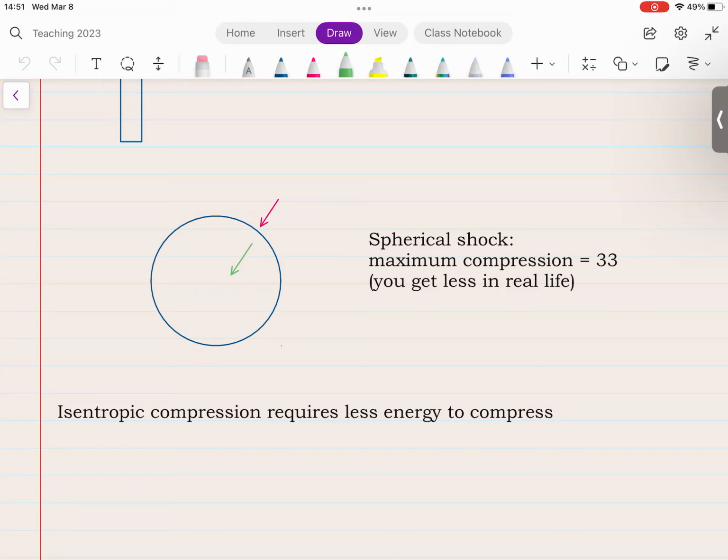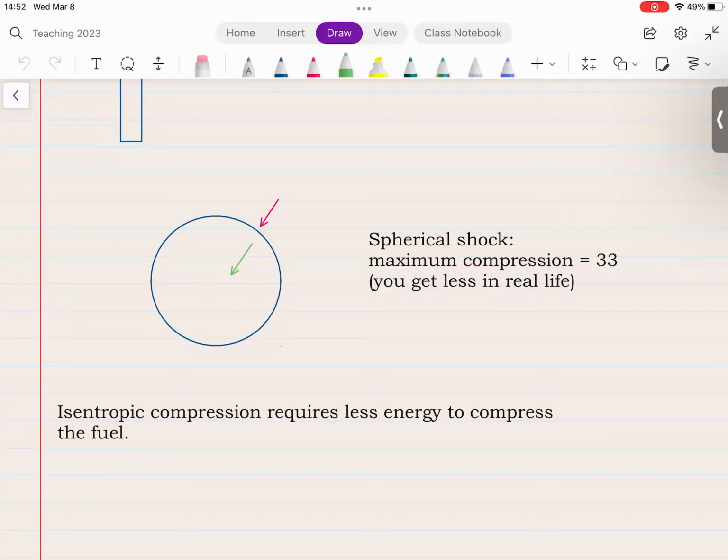But I just argued, not in an outrageous amount of detail, that if you start compressing the fuel, the process we have described, you will end up with a shock.